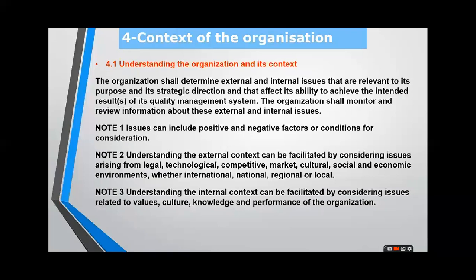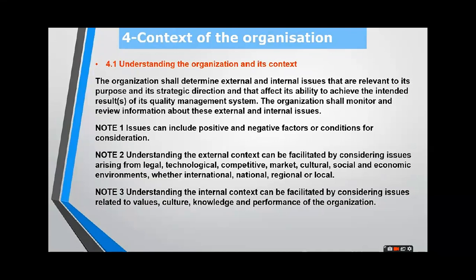In this one you have to understand what the goal of the organization is and how they are going through this. If I say internal issues, you will consider things within the organization, like its structure, its culture, its resources and processes.